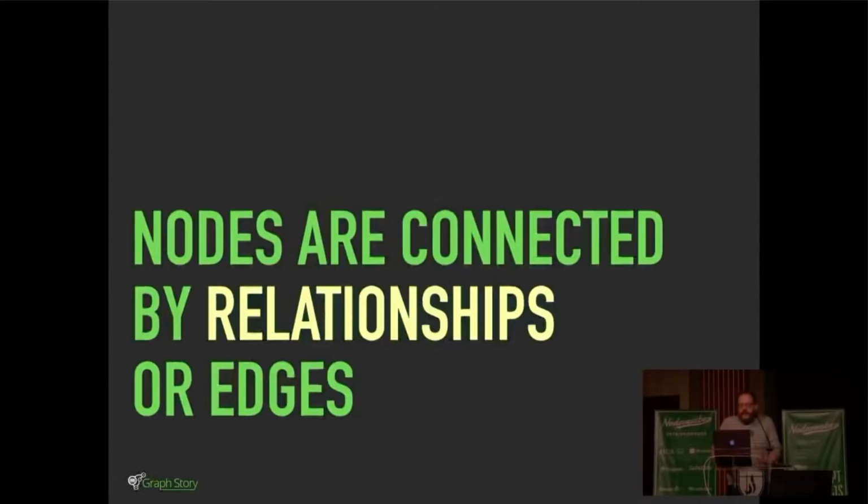And then nodes are connected together by something else, and those things are called relationships. They also get called edges if you're looking at graph theory. So vertices and edges in graph theory, but if you're talking about graph databases in particular, we usually call them nodes and relationships. Now, relationships are another type of, I don't know, you might call it an object in a graph.